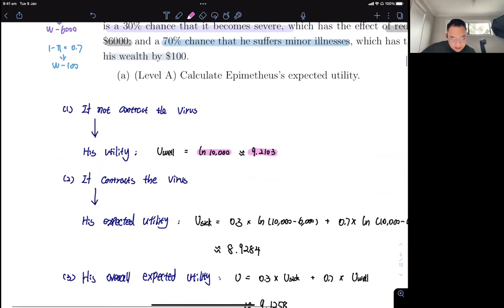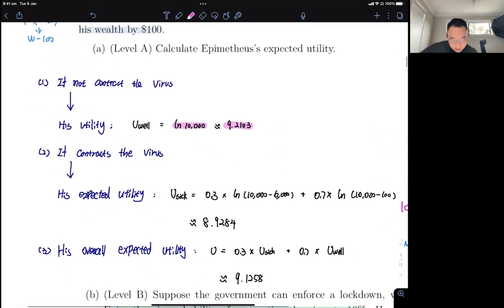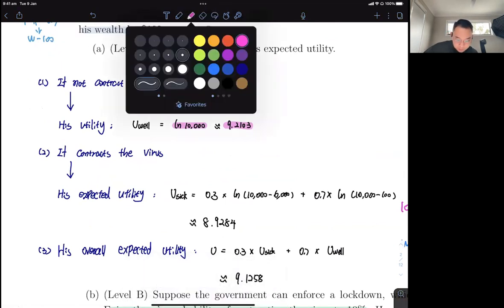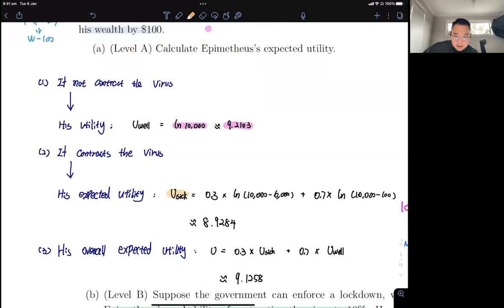And what about when he gets the virus? When he actually gets the virus, we denote this by U sick. With a 30% chance you will lose $6,000, and there's another 70% chance you will lose $100.